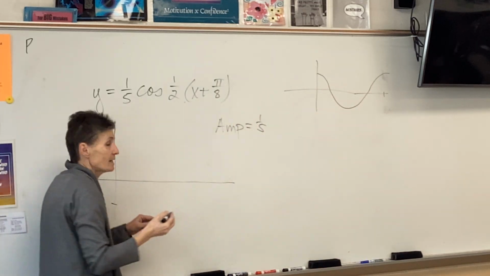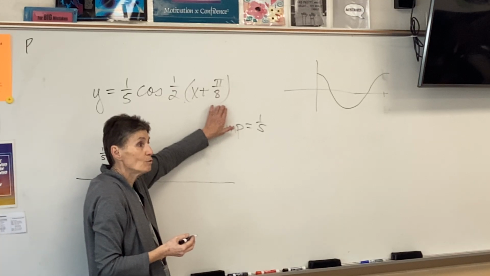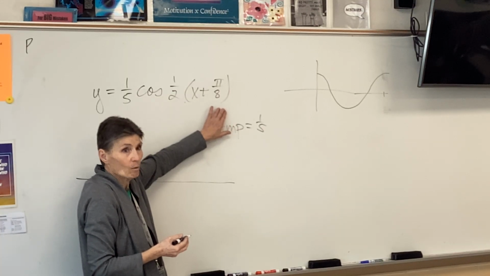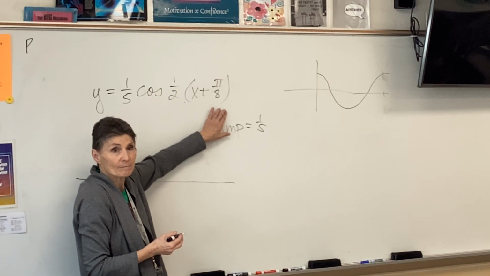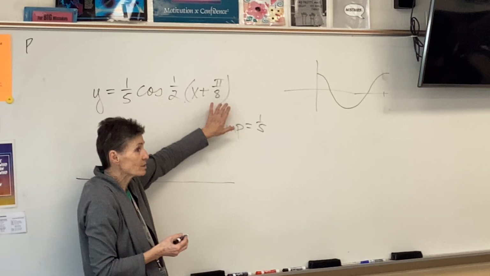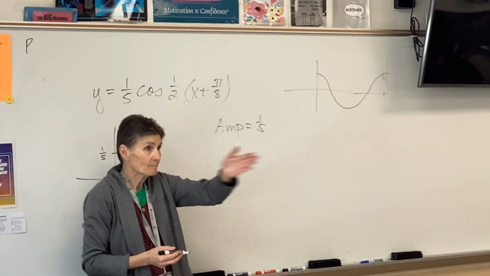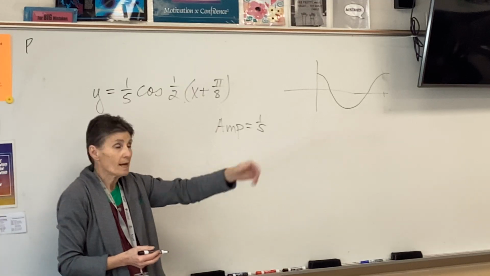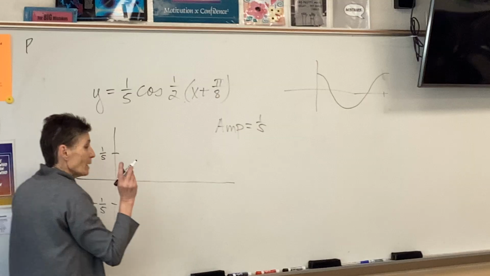But Alden has said, whoa, this is moving us how? Left, kind of. Remember, when you add or subtract from x, you are moving sideways. And it's the opposite of what you think. So what does that mean?